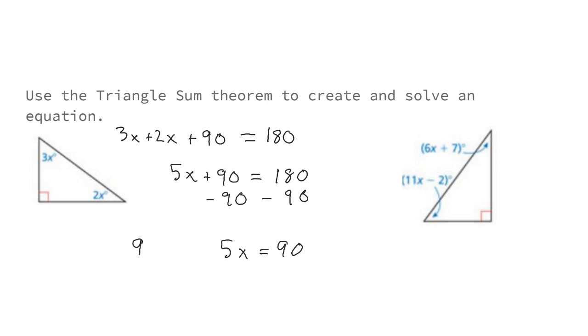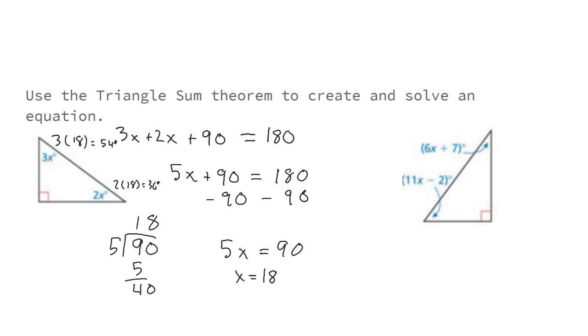Finishing this out, 90 divided by 5 is 18. So x would have to be equal to 18. And then if it asked you for the angle, you would just do 3 times 18, which is 54 degrees, and 2 times 18, which is 36 degrees. If you add 54 plus 36 plus 90, you should get 180.